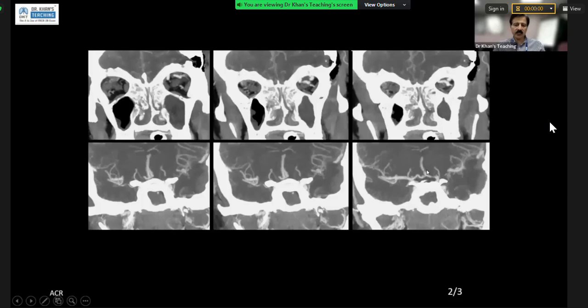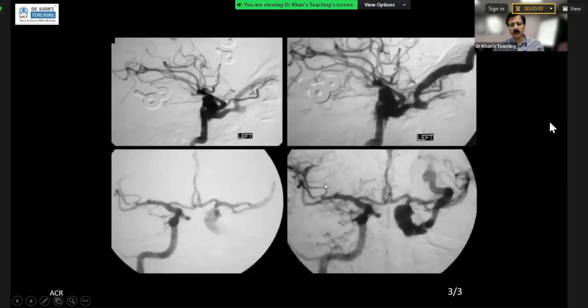Excellent. If you see the coronal, this also shows you the same thing. See the right and the left. Look at these tortuous enhancing vessels inside. So there has to be a fistula. So this is a post-traumatic fistula, and this is another case.